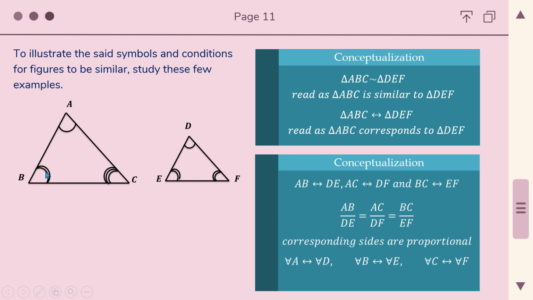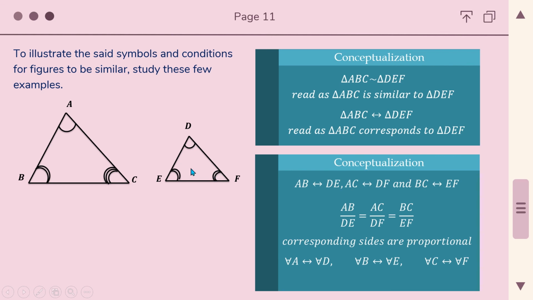While angle B duha ka guhit o angle E duha ka guhit. Angle B corresponds with angle E at the same time that the two angles being related are of the same angle measurement. While the last one, angle C, corresponds with angle F. So, tulo ka guhit, then angle F duha ka guhit.